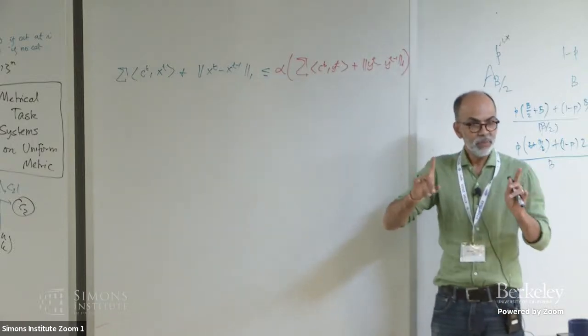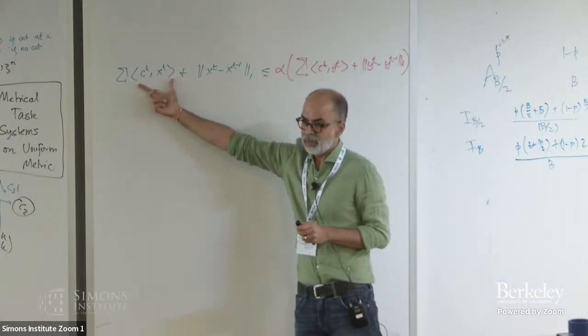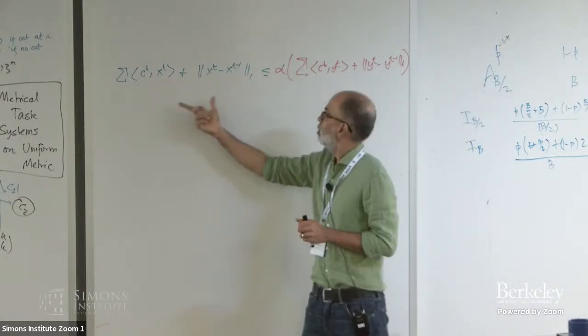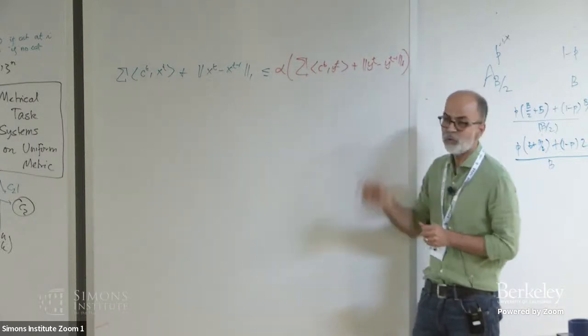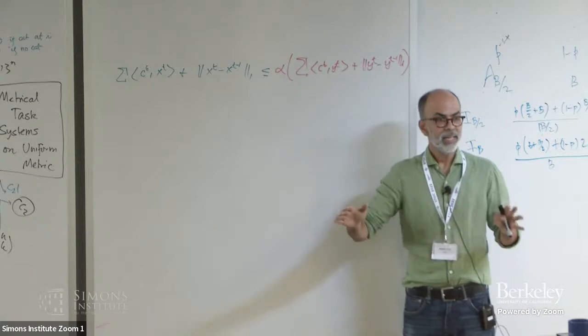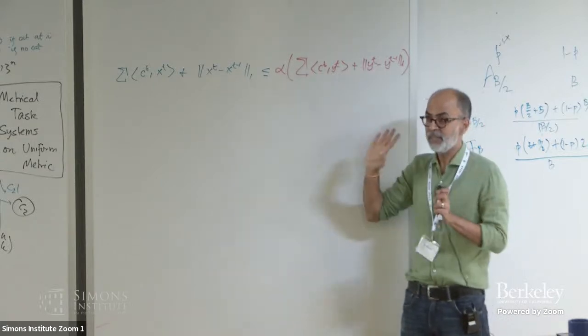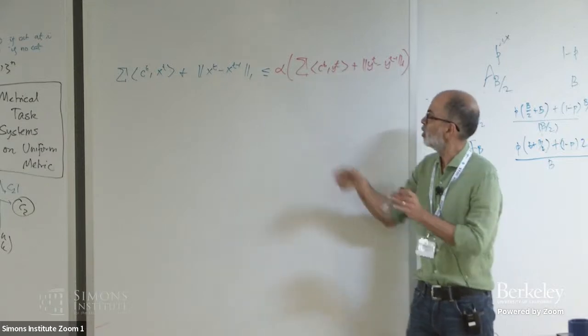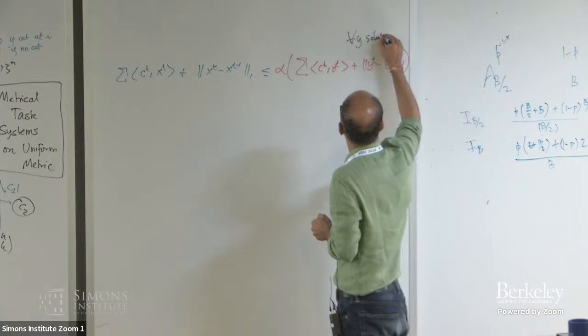I want an algorithm such that for every input sequence, my hit cost plus my movement cost is no more than alpha times the hit cost plus movement cost of any other solution, including the optimal solution, but any other solution. So this I want for all y, which is the solution.